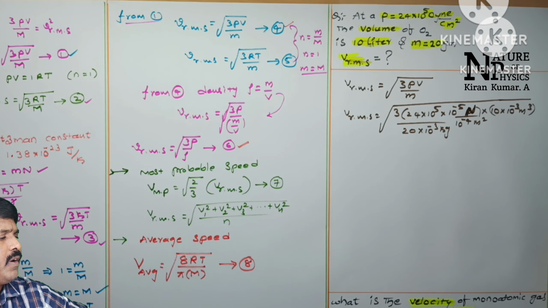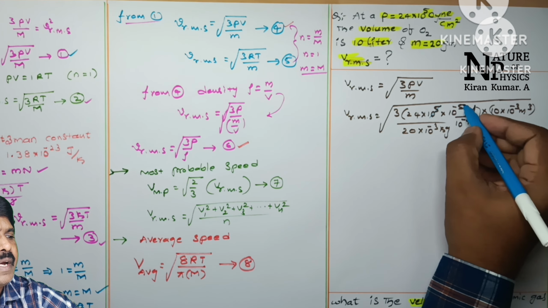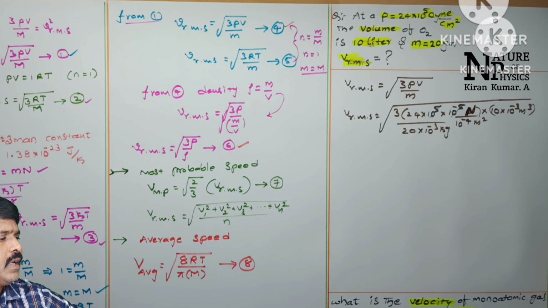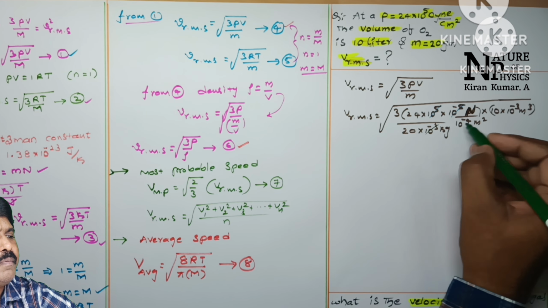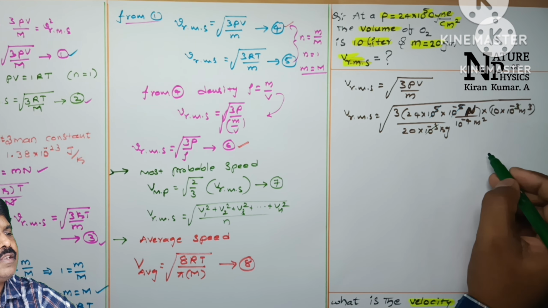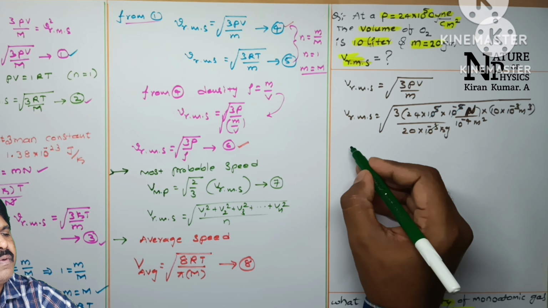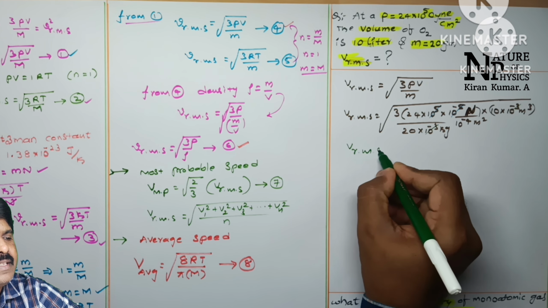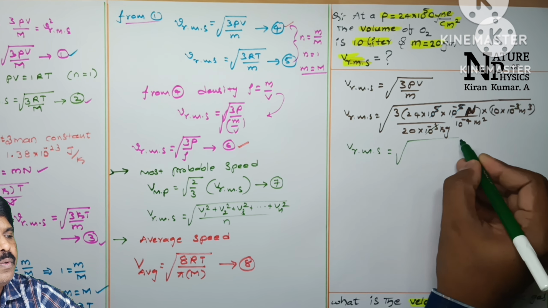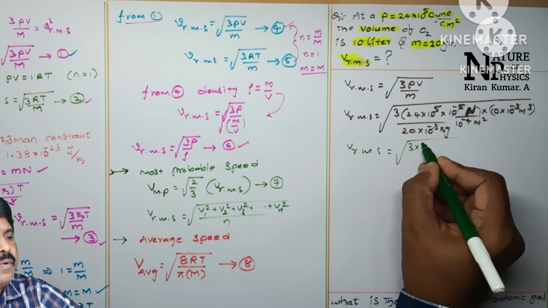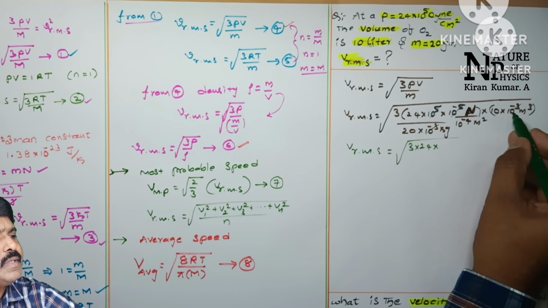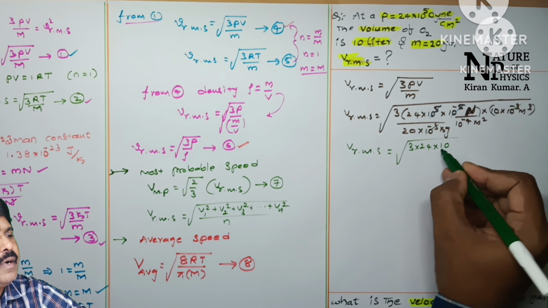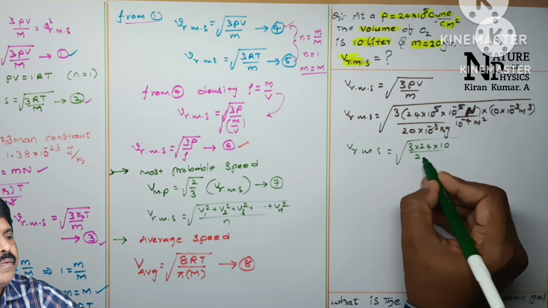The 10 to the power of plus 5 and minus 5 get cancelled, and 10 to the power of minus 3 also gets cancelled, so we get VRMS equal to root over 3 into 24 into 10 divided by 20.